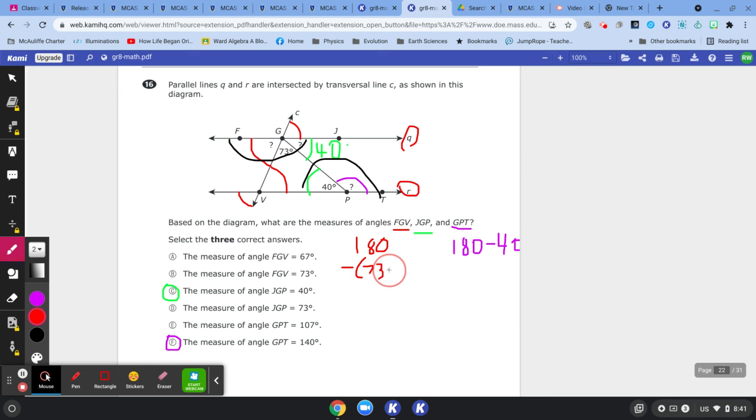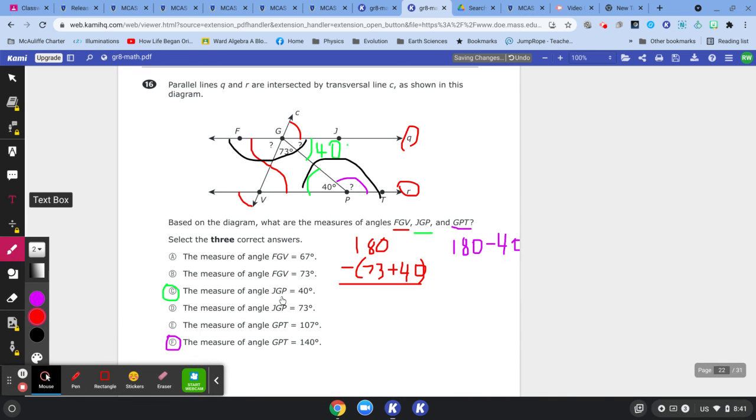And 73 plus 40 is 113. So we're looking for 180 minus 113.